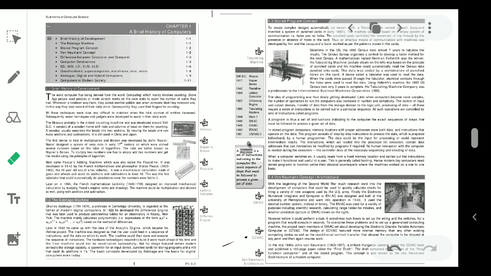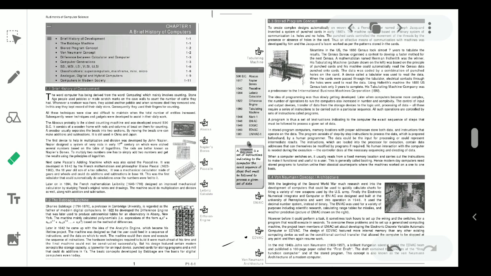However, before it could perform a task, it sometimes took hours to set up and write. So the new concept came, that is the Electronic Discrete Variable Automatic Computer, or EDVAC. It features more internal memory as well as conditional control transfer, which allows the computer to be stopped at any point and resume the work again.